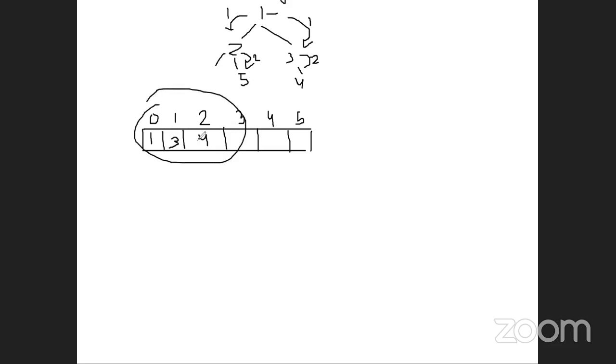So from 2 you will go to the right first? Yeah, from 2 first I'll go right, and then I go to left. The trick is we start with the right first and then go to the left, right? Yeah, always. The trick is: visit node, then visit right, and visit left.